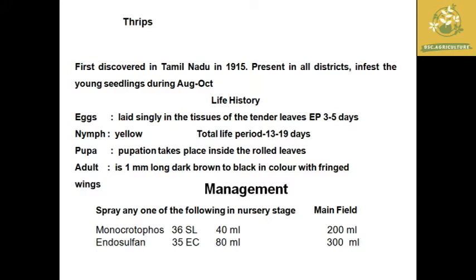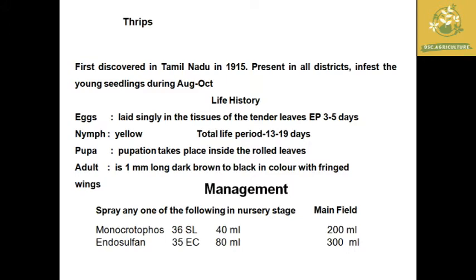Regarding the life cycle, or life history, of these thrips, the eggs are laid in the tender leaves. Their hatching period is 3 to 5 days based on climatic conditions. If the climatic conditions are favorable, they hatch in 3 days, and if not, it takes around 5 days.